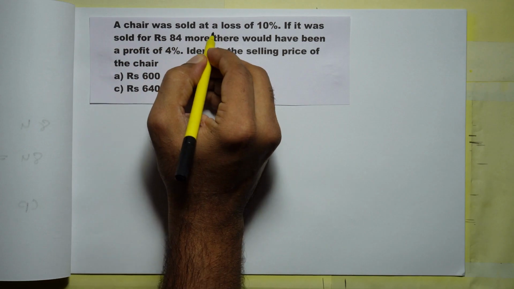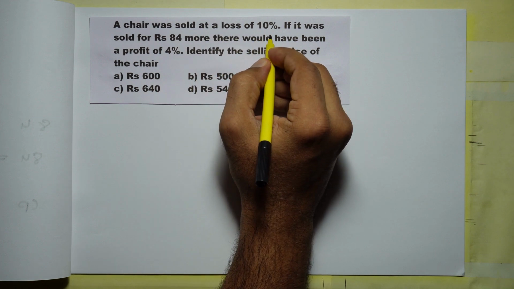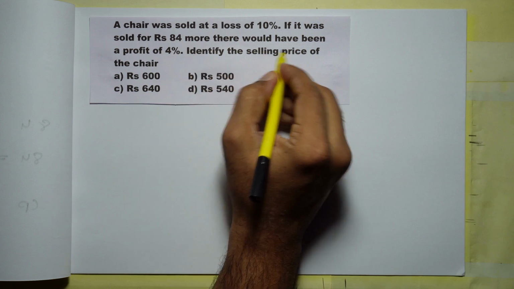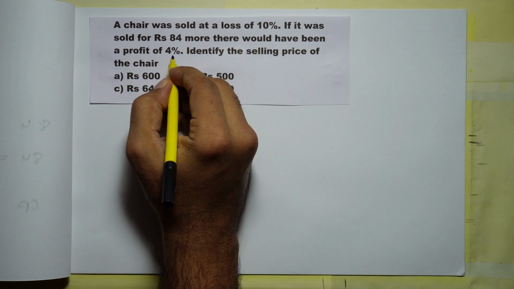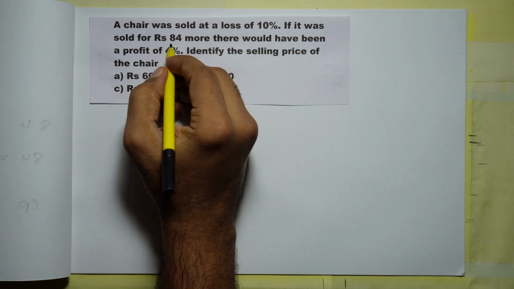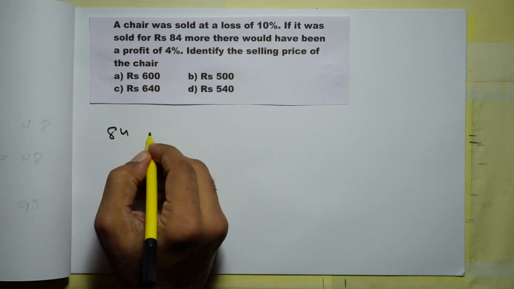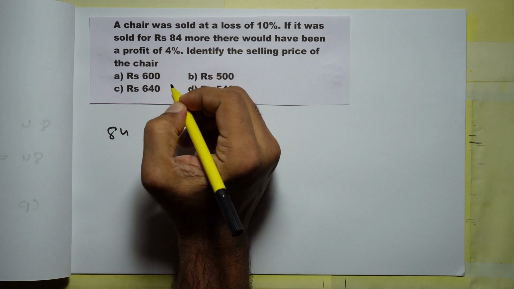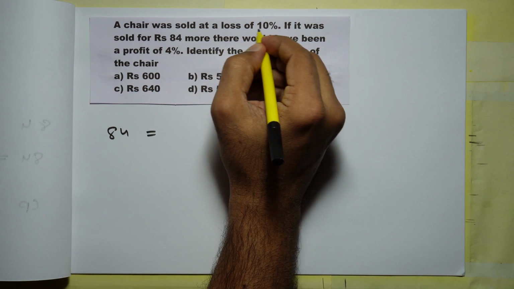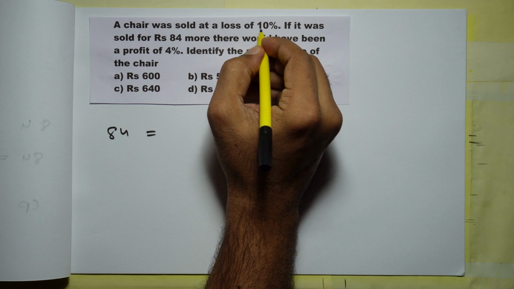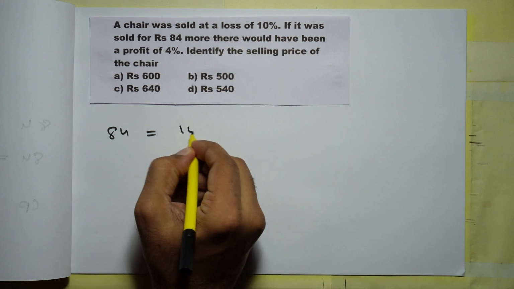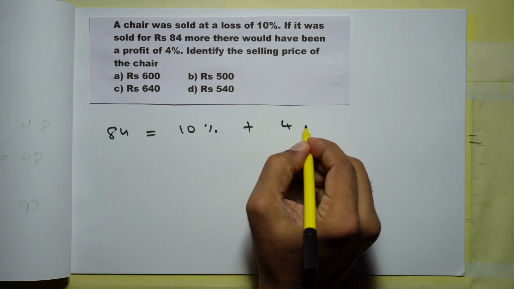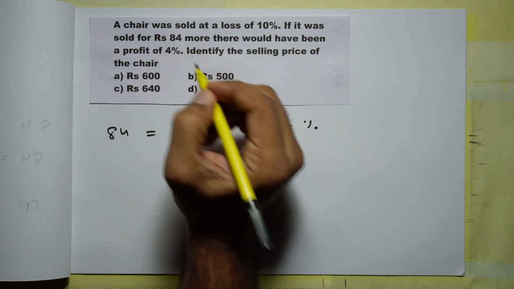A chair was sold at a loss of 10%. If it was sold for rupees 84 more, there would have been a profit of 4%. So if he is getting this extra 84, instead of 10% loss, there would have been a 4% profit. So first this 10% loss will be covered. That is, he will get 10% of the cost price, and then he will get an extra 4% of the cost price also.